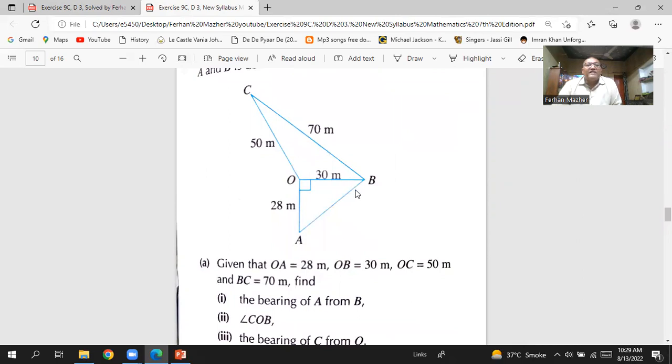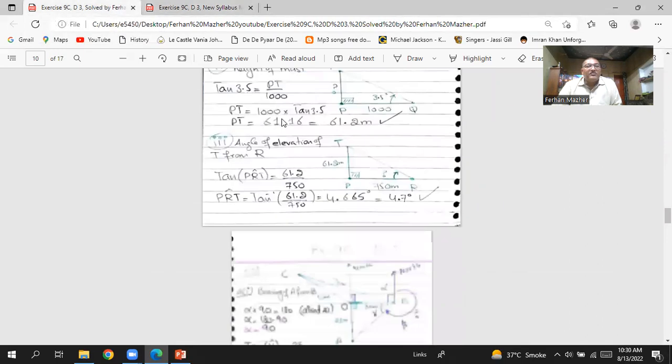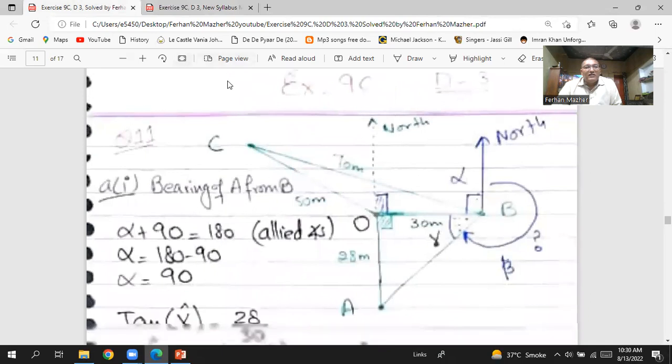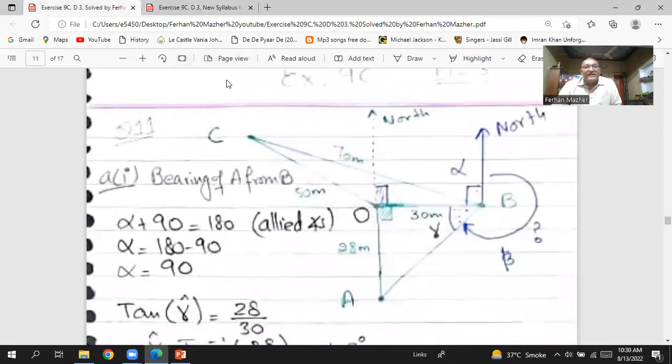So I can find this angle. I will make a north here, and from that north, I have to find out this angle. So that is the question, the bearing of the A from the B. So the strategy is simple. Here you can see I have made this diagram. So this is that triangle.